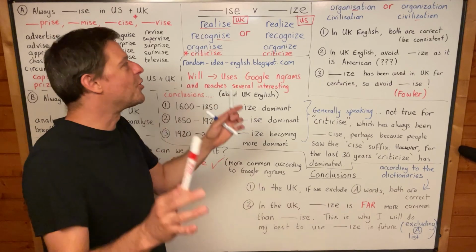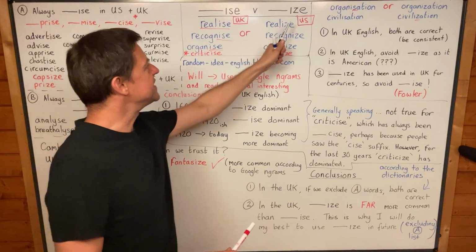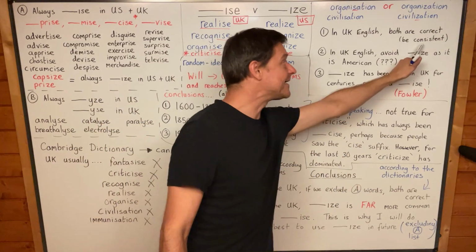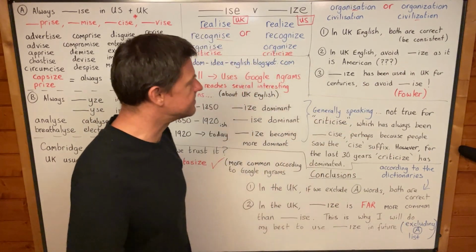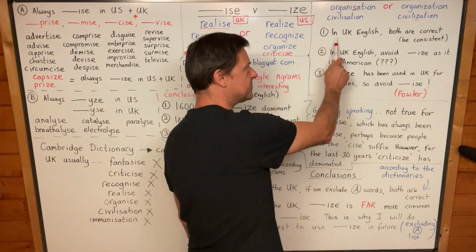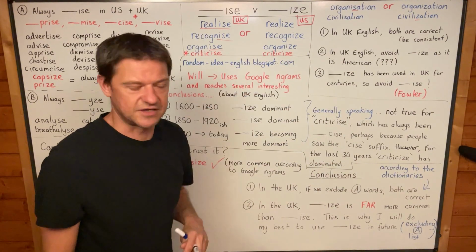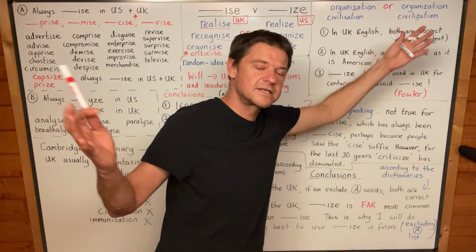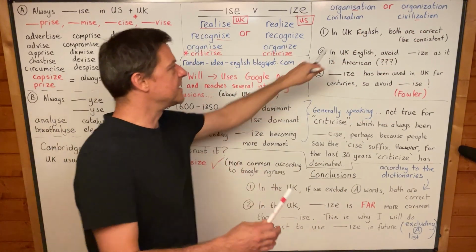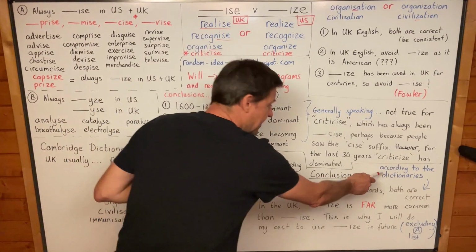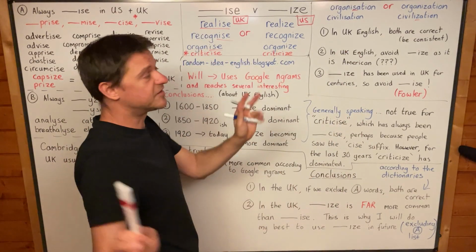Very often I'm sure that I have mixed up ISE and IZE in most of the work that I have written. So sadly, I'm not very consistent, but you should try to be consistent if you take this position number 1, and I would say that that's the correct position. That is correct. Both are correct, but be consistent. I would say that is true, certainly. And according to dictionaries, that is true. So number 1 is the case.